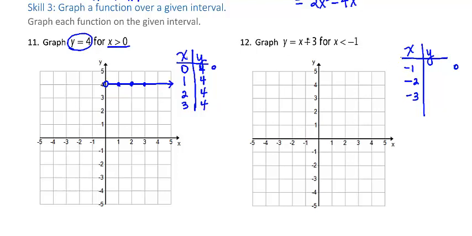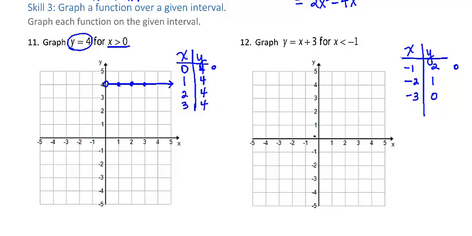If we substitute -1 for x, -1 plus 3 is 2. -2 plus 3 is 1. -3 plus 3 is 0.